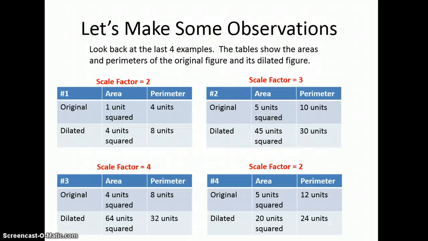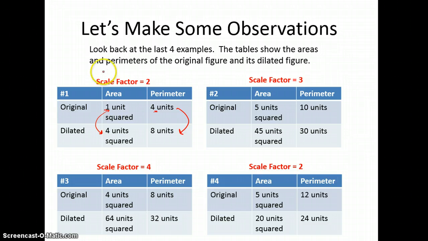So let's make some observations now. Let's look back at the last 4 examples. The tables show the area and perimeters that we came up with from the original figure and its dilated figure. In the summary section of your WSQ, write some observations you make about the relationship between the area of the original to the area of the dilated, and the perimeter of the original to the perimeter of the dilated.